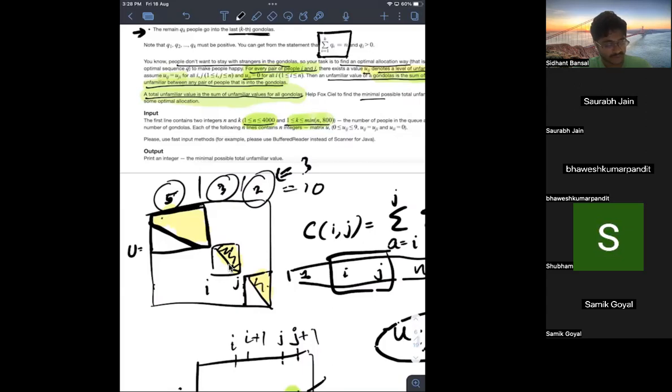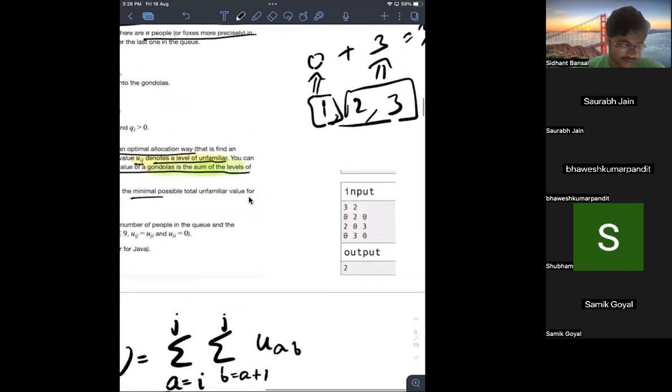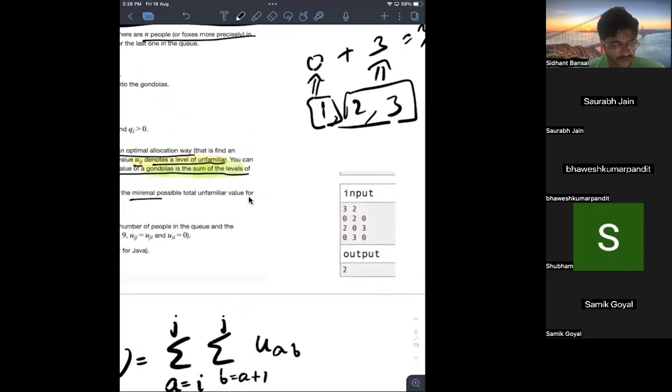And for the 2 people, something like this. It's basically the sum of submatrices of the big U matrix. I'm not summing the entire submatrix. I'm only summing the top right portion because of symmetry, because I don't want to sum U12 as well as U21. A single pair has to be counted only once in the cost function. So this is an example for this particular question.